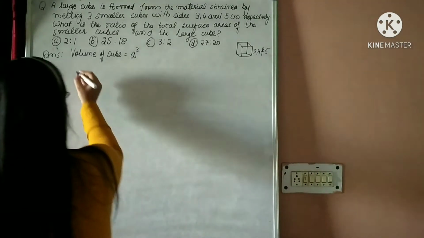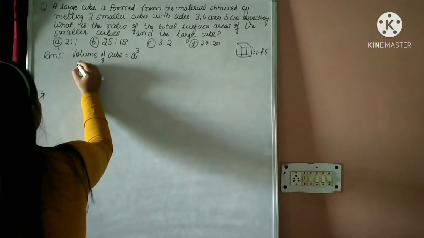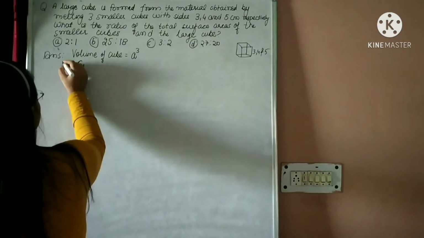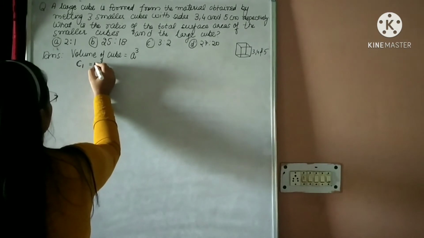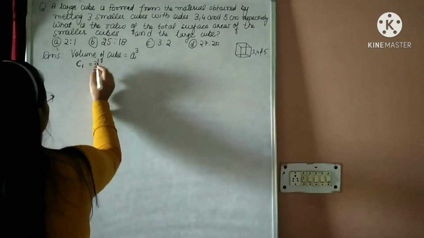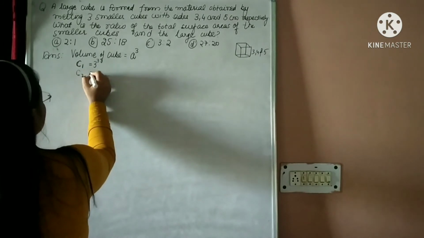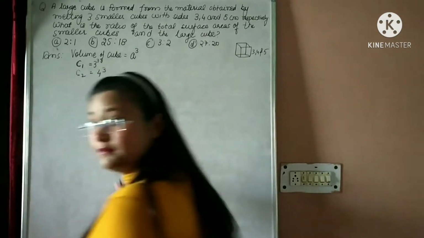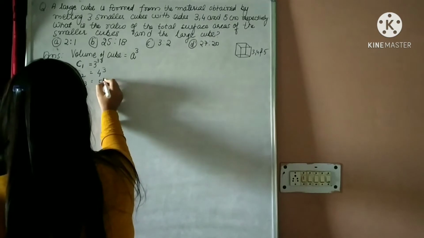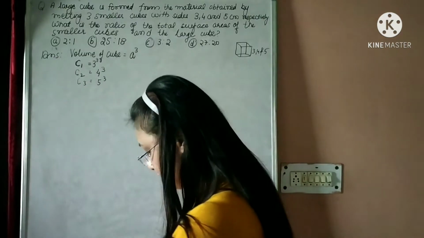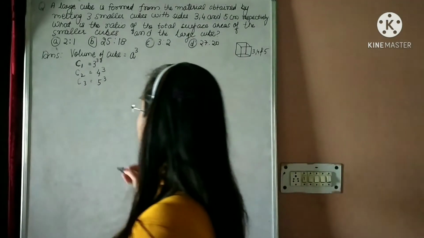Let us denote the volume of the first cube as C1. The volume of this cube will be 3 cube, of the second cube 4 cube, and the third cube 5 cube.